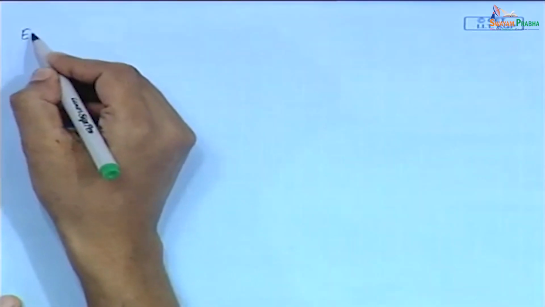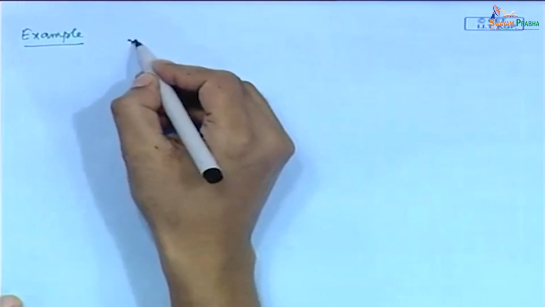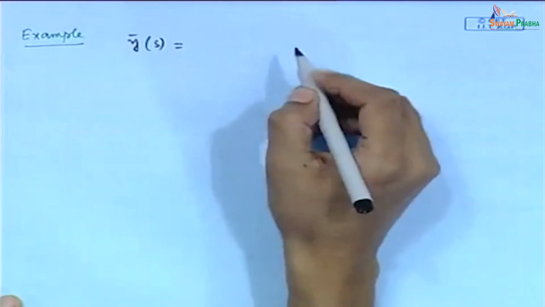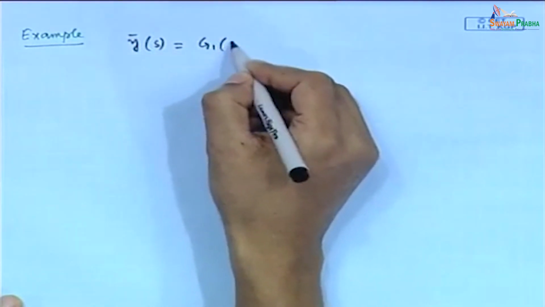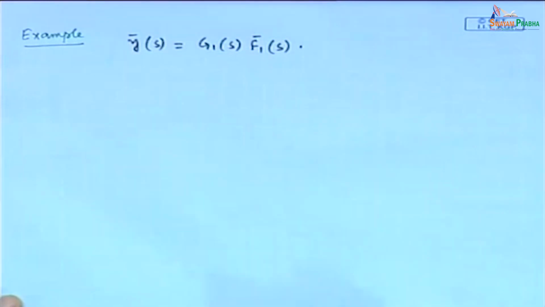Now, we will take one simple example to explain the concept of poles and zeros. We will consider the equation in s domain, say G1(s).